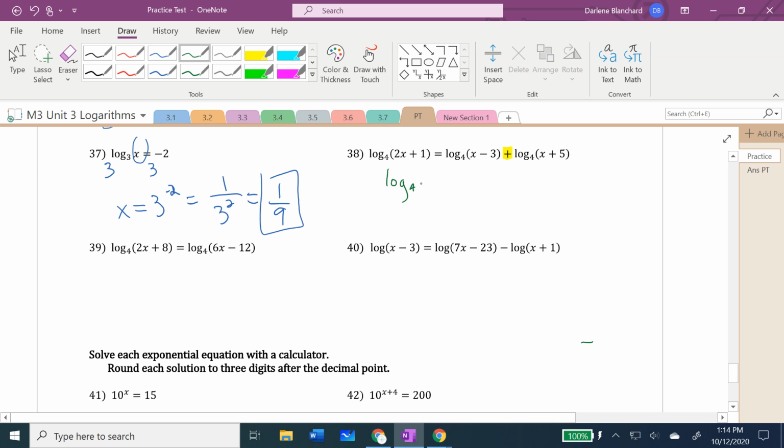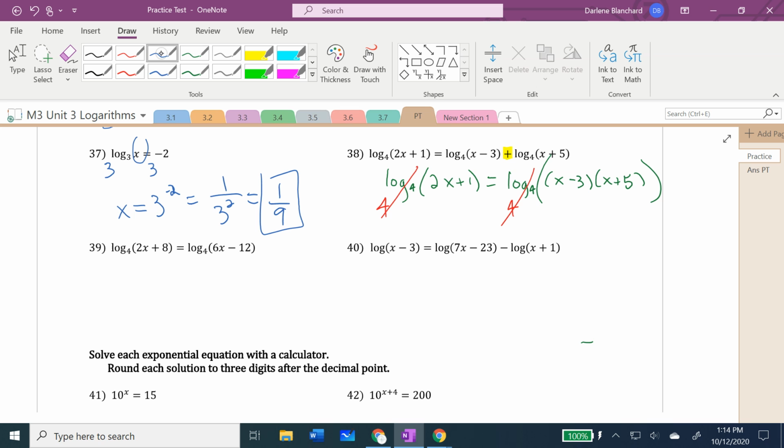And I will only give you logarithms with the same base within an equation. And when I multiply the insides, I have condensed the logarithm and I'm ready to undo. I can either realize that they're the same log, they undo each other, and I'm going to have to move down here.